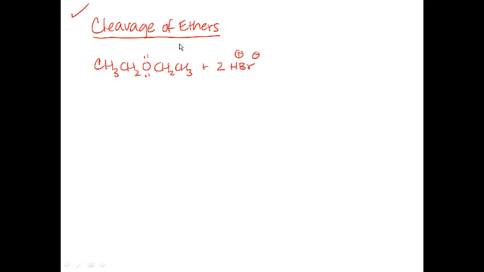And I probably would have to apply a little bit of heat to this reaction. So if I'm looking at writing the mechanism of this reaction, I'm saying I'm reacting an ether with acid. First step is always going to be protonate the oxygen in this case. So I'm going to form an oxonium ion.